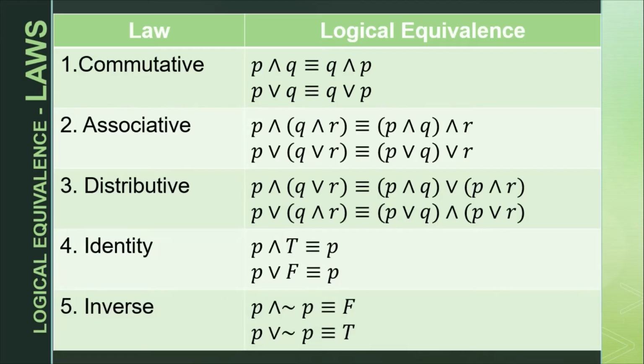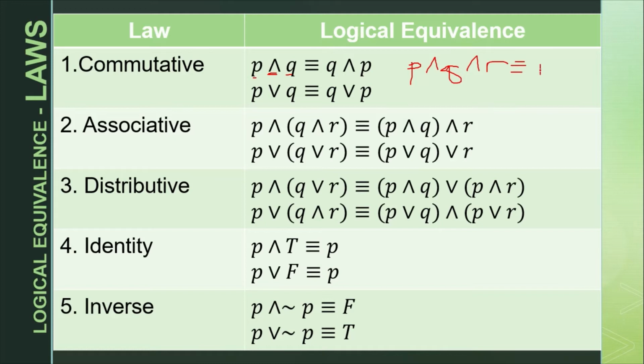We have a lot of laws. Now this is the first set. We have commutative. When we say commutative, we can exchange the positions of the variables. We can only do that if we have the same logical connective. For example, if it involves 3 variables, P and Q and R, since they have the same connectives, we can interchange them.